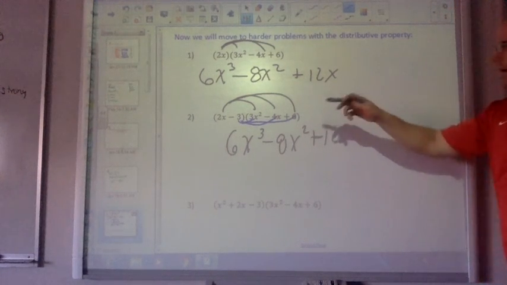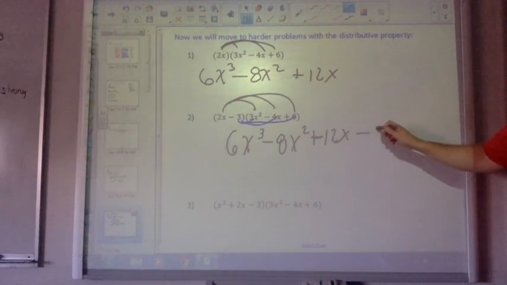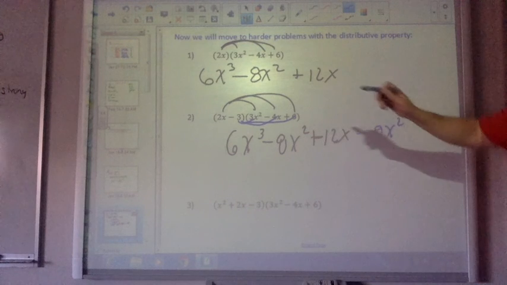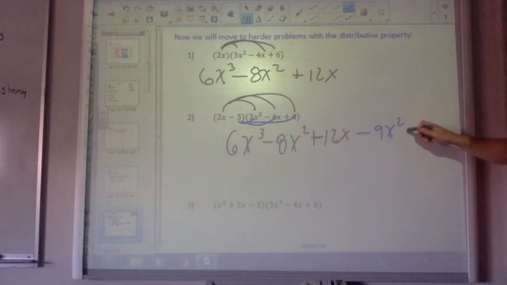Negative 3 times 3x squared is negative 9x squared. Negative 3 times negative 4x is positive 12x. And negative 3 times 6 is negative 18. Okay, so the black was me distributing the 2x over the parentheses. The blue is me distributing the negative 3 over the parentheses.